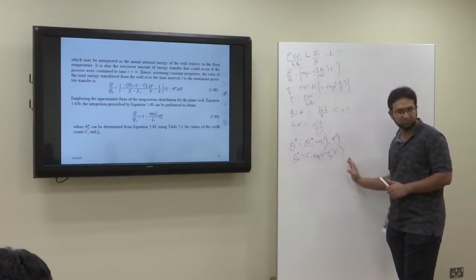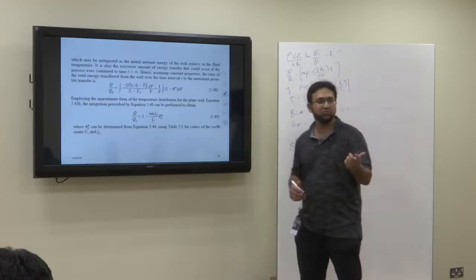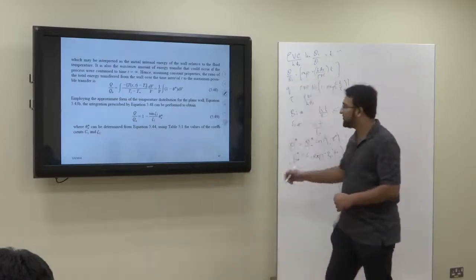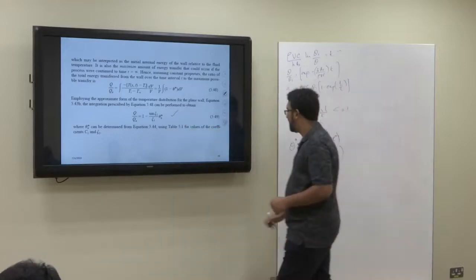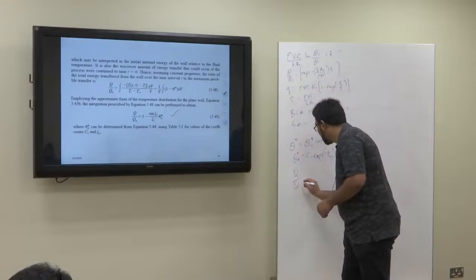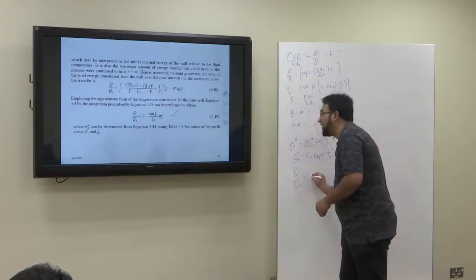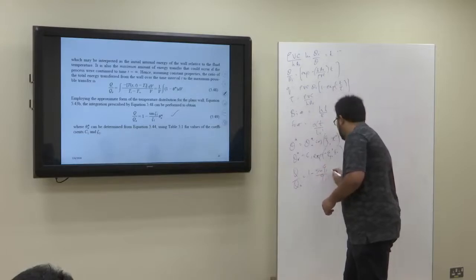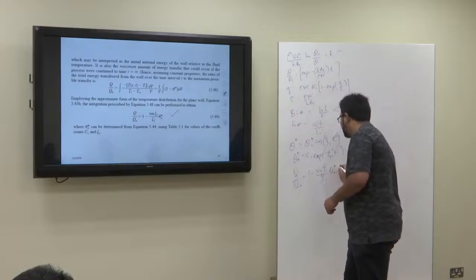Now the second thing, as I told you, we need to find is the amount of heat transfer. For this, the formula is Q upon Q naught equals 1 minus sine(eta 1) upon eta 1 times theta naught star.